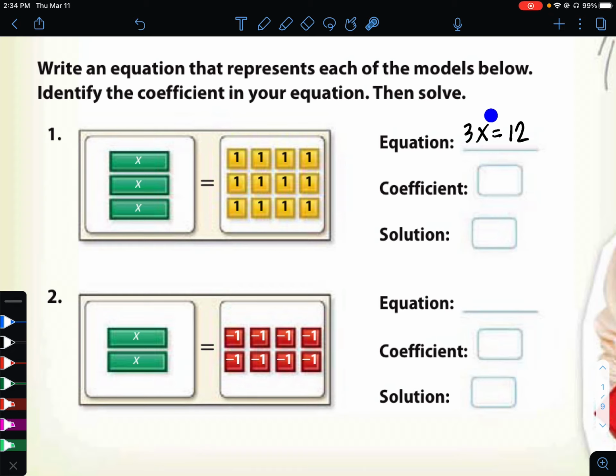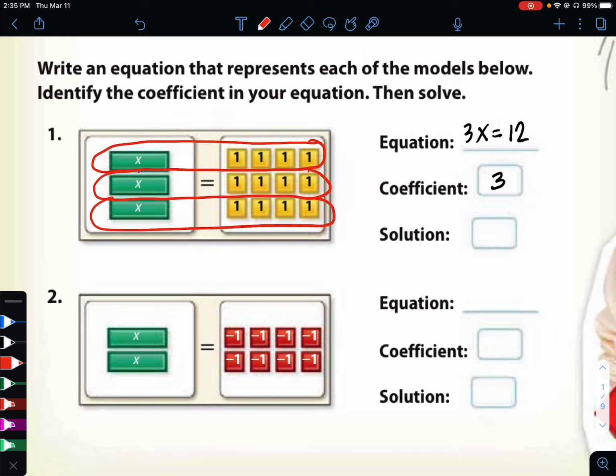So this is our variable expression with a coefficient, and we know that the coefficient is 3. If you look at this carefully, we want to find the value of each x. If I divide evenly, I can see that each x is valued at 4. So the solution to this particular equation is 4.